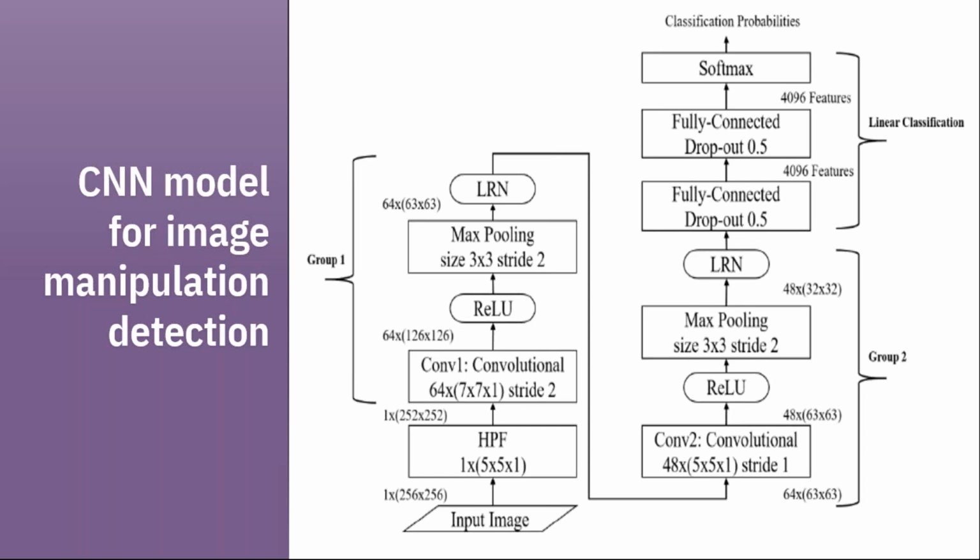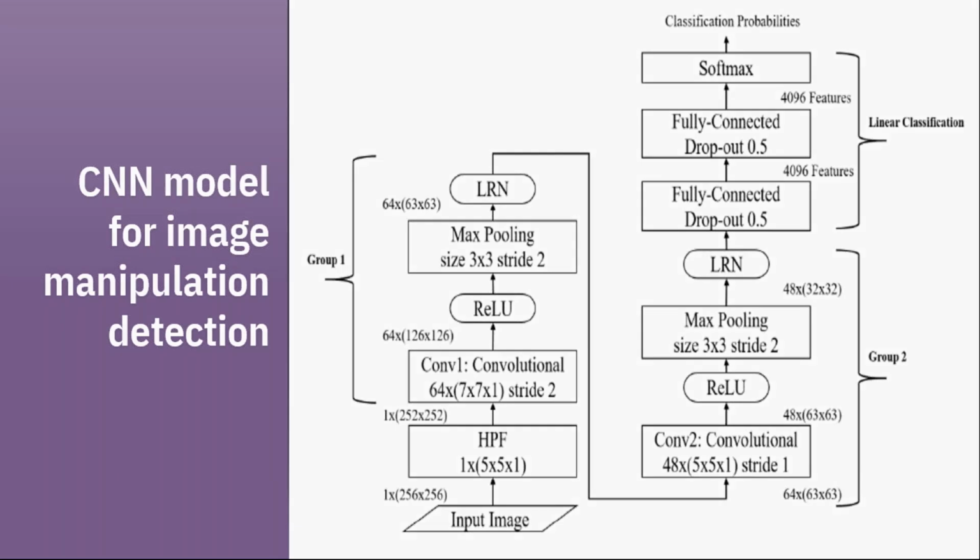So our research targets those that cannot be distinguished by the human eyes. We are focusing on that part of the image which cannot be distinguished by the human eyes. So we apply a high pass filter, also known as HPF, to extract the hidden features within the image.